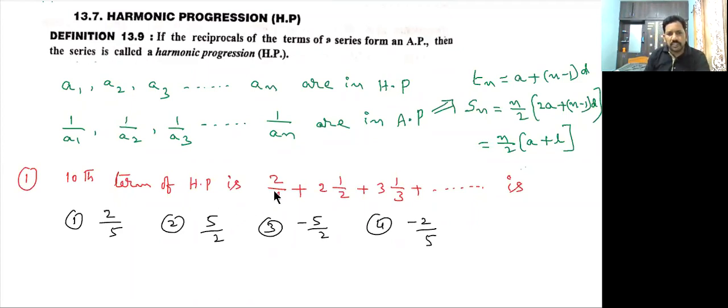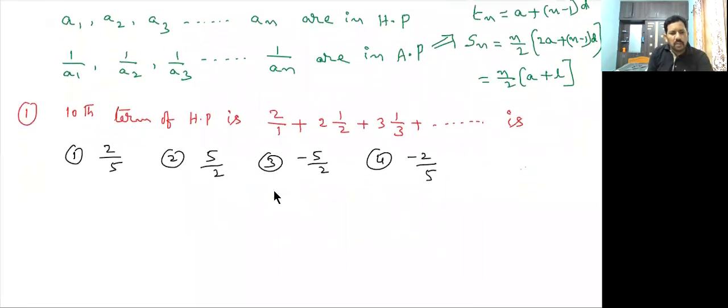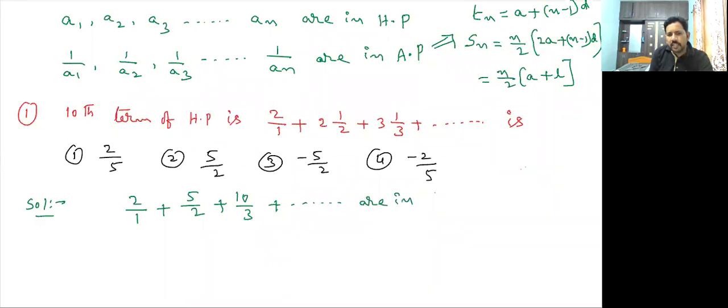Okay, students. Now, first write the series that is given. See here, 2 by 1 plus 2 into 1 by 2, means 2 twos are 4 plus 1, 5, 5 by 2, 10 by 3, and so on are in HP, harmonic progression.